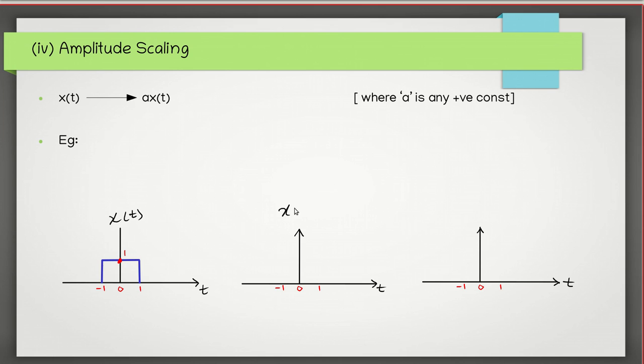Let's try and plot 2 times x of t, and let's plot half times x of t as well. So if you just try and do this, you will get something like this in this case, and you will get something like this here, where this amplitude is 2 and this amplitude is now half.